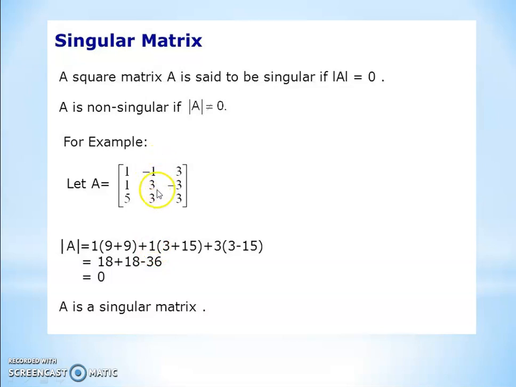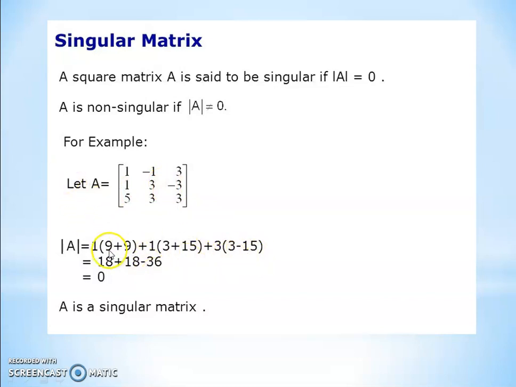We skip the second column, first row: 1 into 3, 3, minus 5 into minus 3, minus 15, so minus minus becomes plus. Now first row, last column we skip: 3 into 1, 3, minus 5 into 3, minus 15.